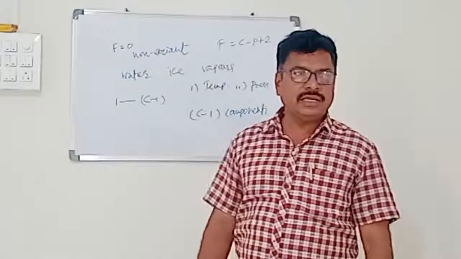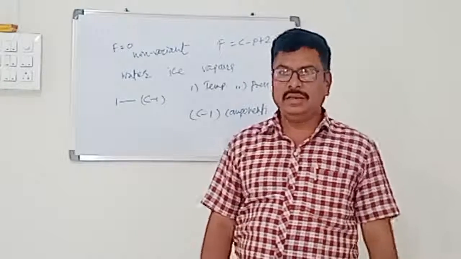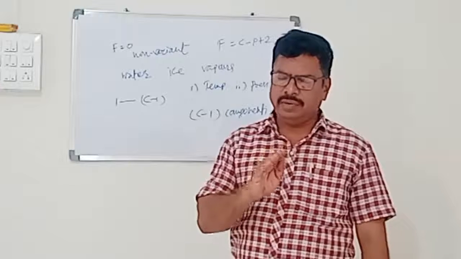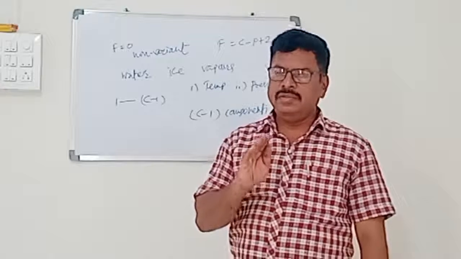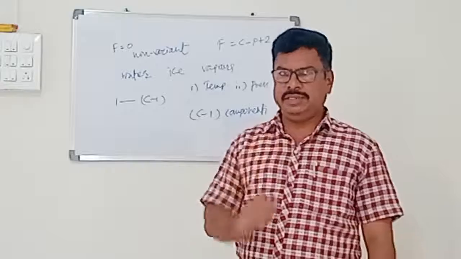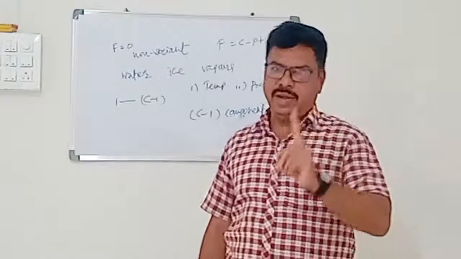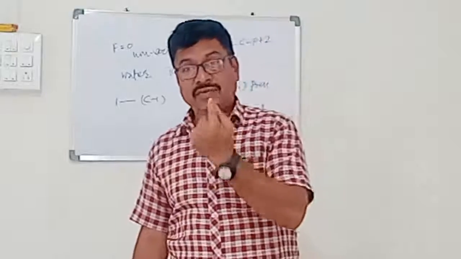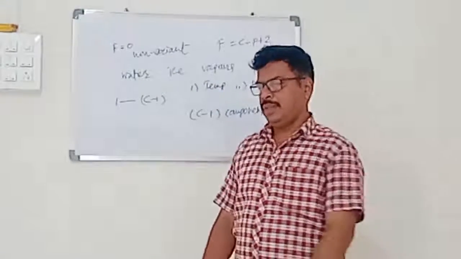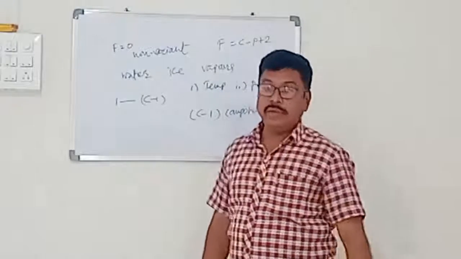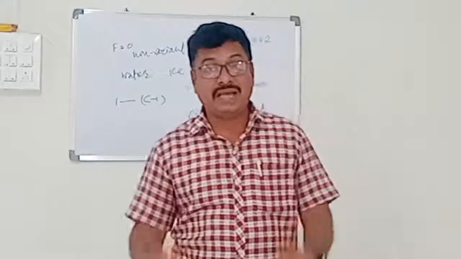How many phases are there? P phases are there. Now, for the purpose of simplicity, let us consider one phase at the moment. In one phase, how many constituents are there?